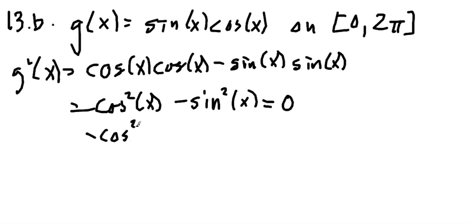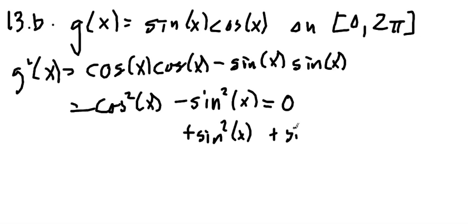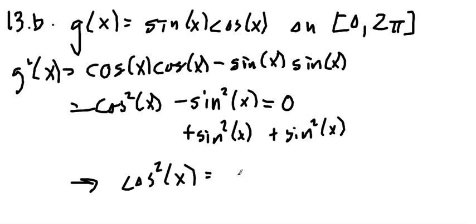So I'm going to add sine squared to both sides. And I get cosine squared of x is equal to sine squared of x.